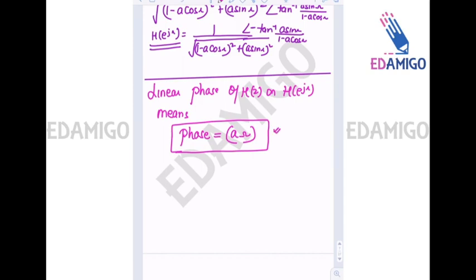And thus, whenever we have an IIR filter, H(z) will have a finite location pole.